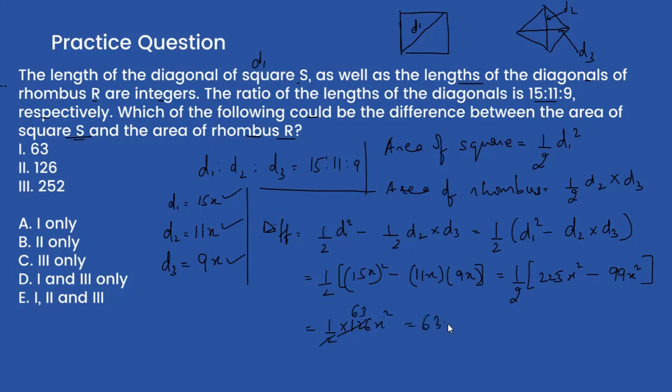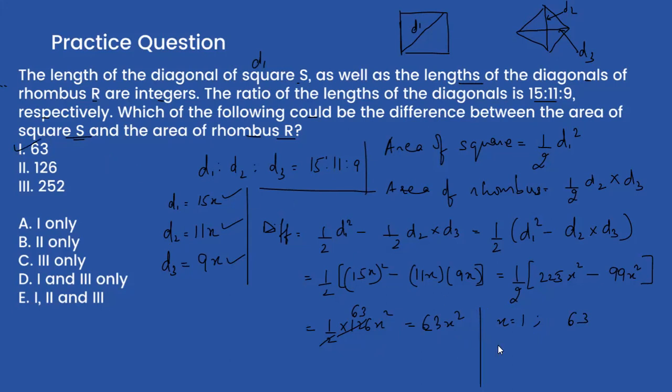So 63x squared is the difference to be found. Now, which of these could be that difference? When x is equal to 1, the difference will be 63 times 1 squared, which is 63. So 63 is possible, so the first is possible.